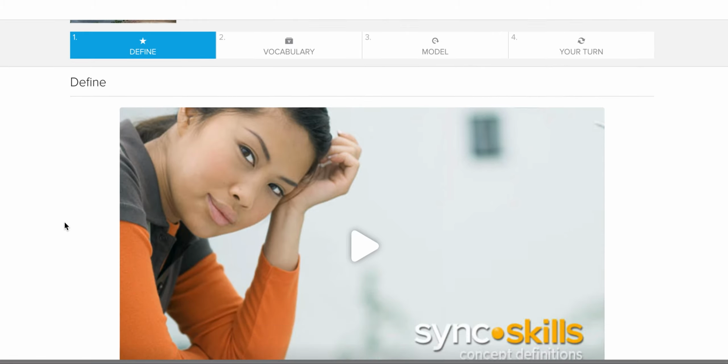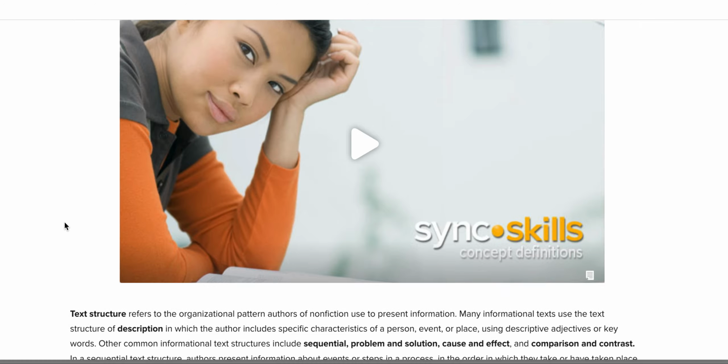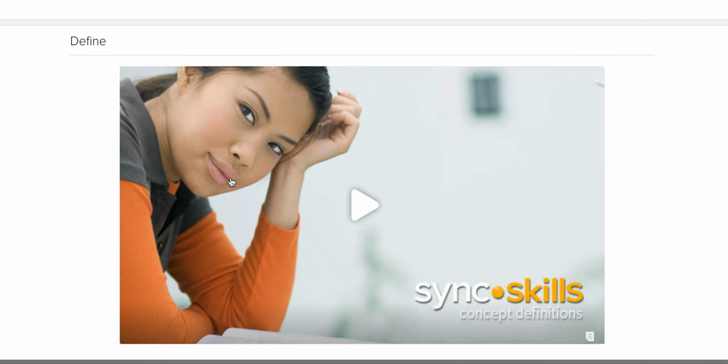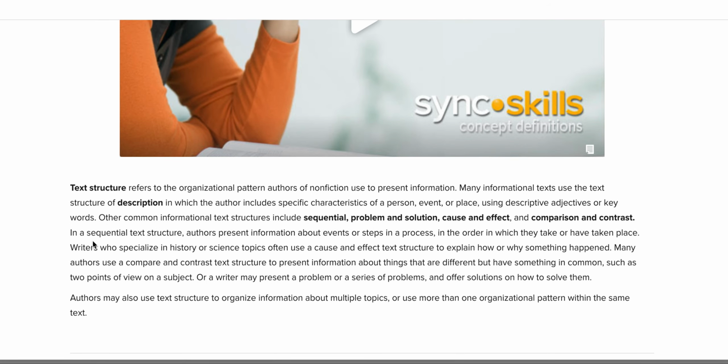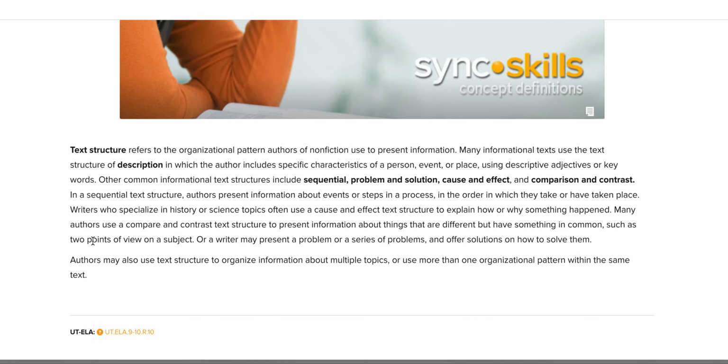So let's go ahead and begin on tab 1 with the definition. I would suggest taking a look at this video real quick. It's pretty short. And let's go ahead and read the introduction text together. Text structure refers to the organizational pattern authors of nonfiction use to present information.